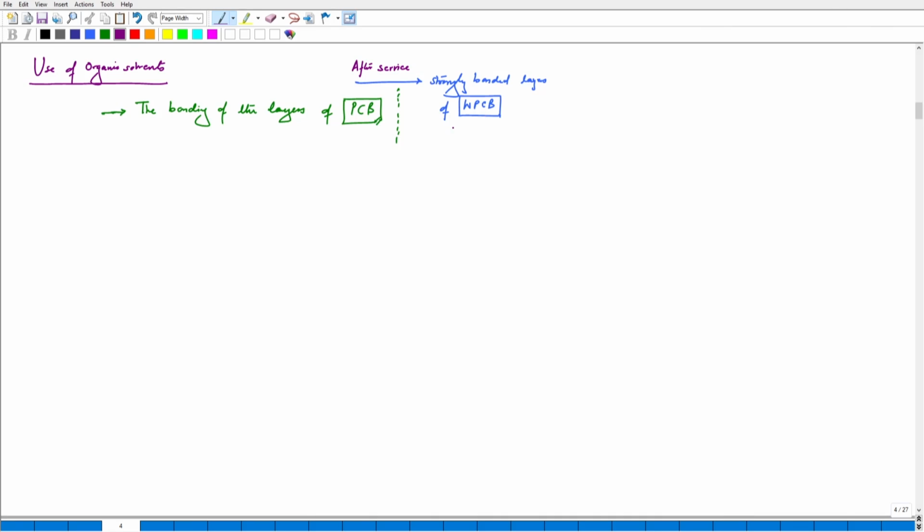What we are facing is the thermosetting resins that are used for bonding, which are difficult to remove, and these thermosetting resins provide the strength, which is why we are now thinking of organic solvents.